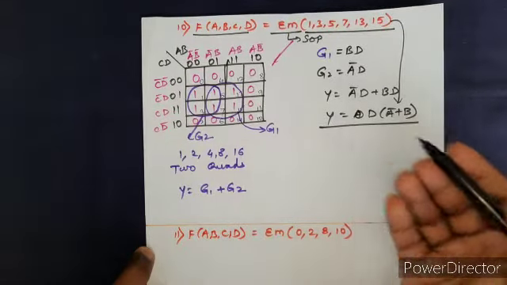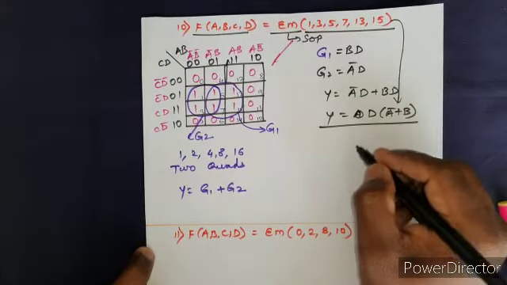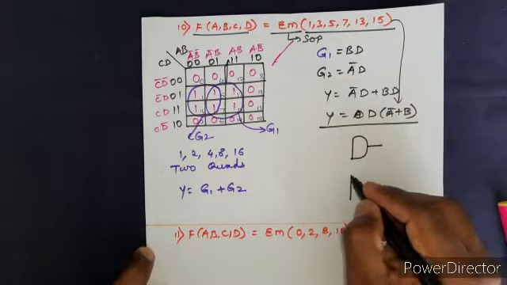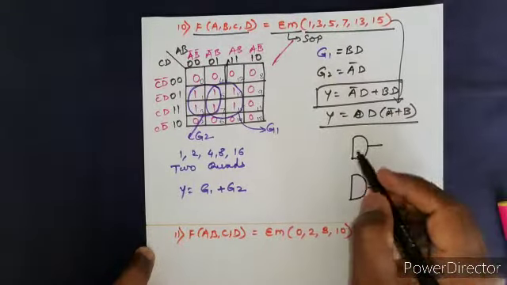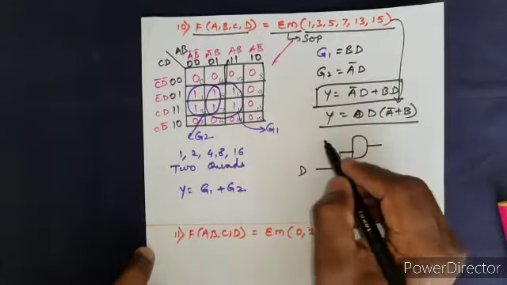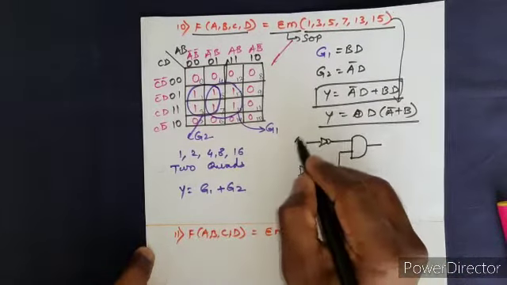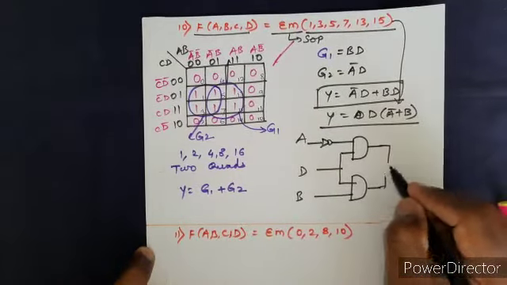Okay, and if it is asked to implement, then you can simply implement this. So we have two of these gates. I'm trying to reduce this, implement this. Okay, so this is D for both. I have here A bar, I have here B, this is A, B, okay, and these are ORed.